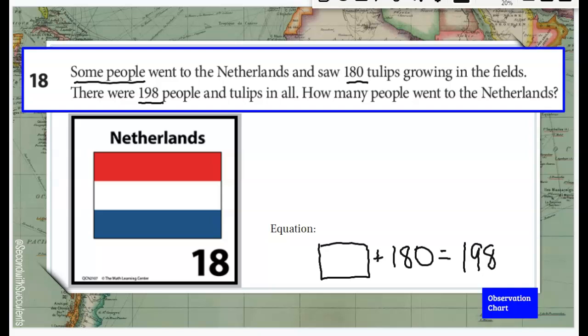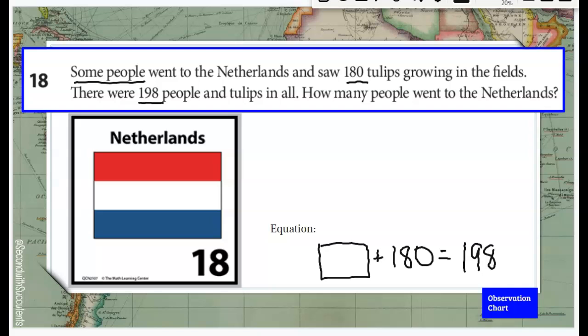What are they asking? If you're thinking, well, they want to know how many people went to the Netherlands, because that's where my empty box is. That part of my equation is missing. Let's use an open number line to see how we can solve that problem.